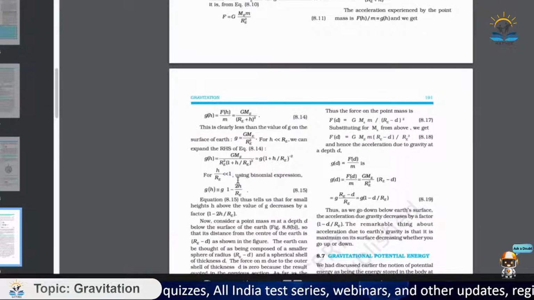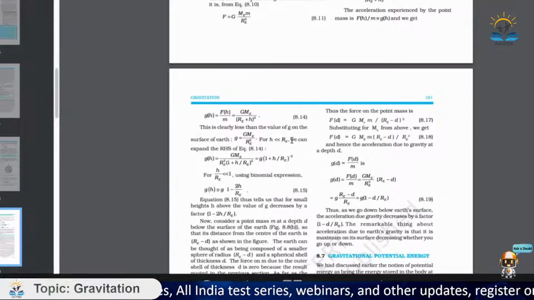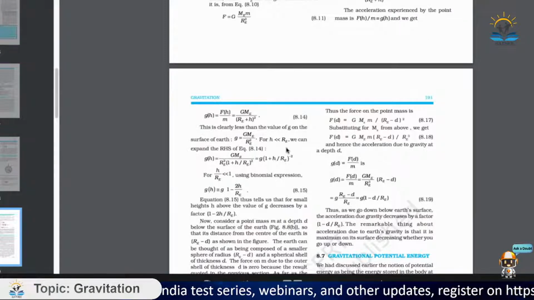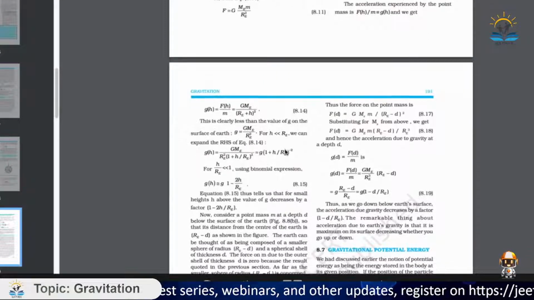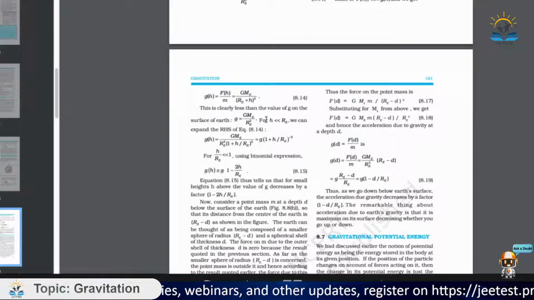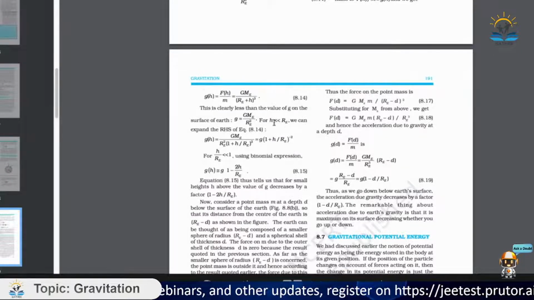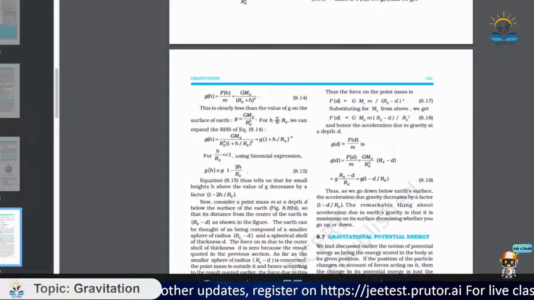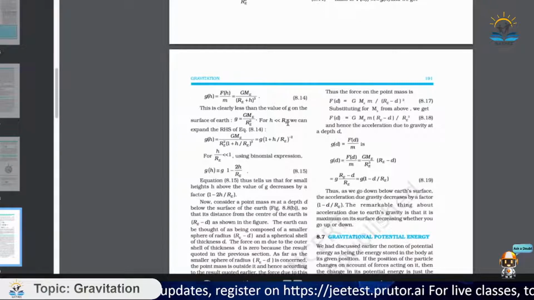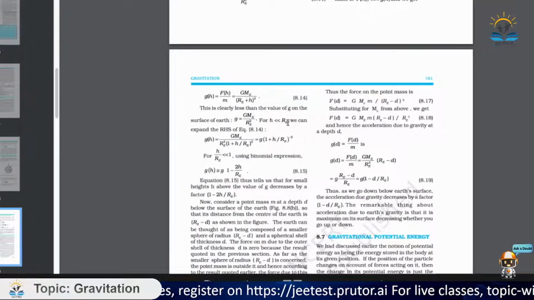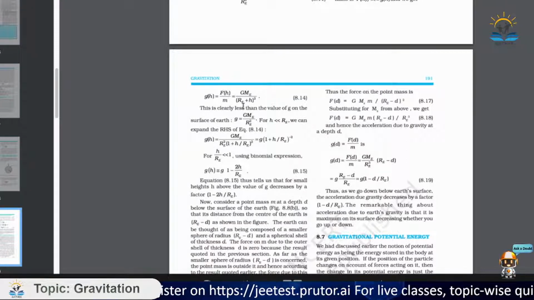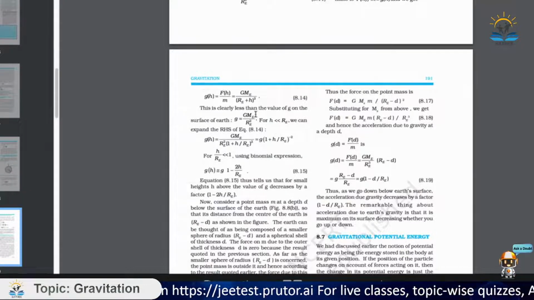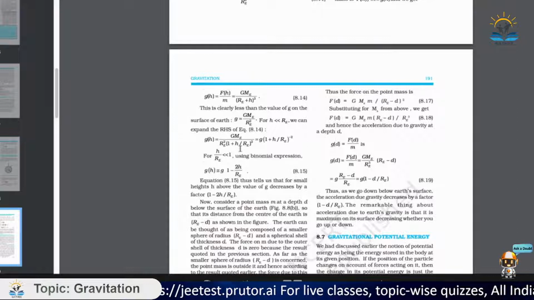Now there can be cases where the height is very small compared to the radius of Earth. Suppose the radius of Earth is 6400 kilometers and the height is just 10 meters. So we can neglect the height in front of the radius of Earth, and we can formulate this like this.